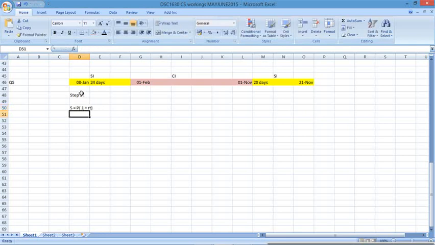Alright, so step 1, simple interest calculation. Okay, take the amount that you started with, which was 360,000, and move that to 1st Feb.